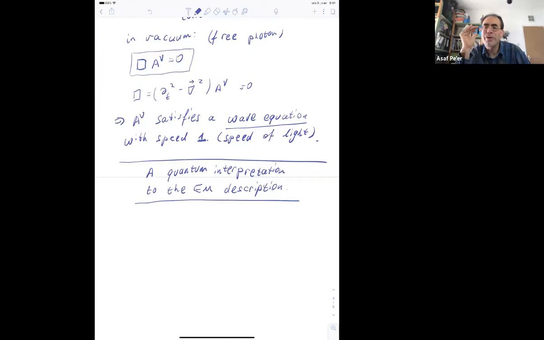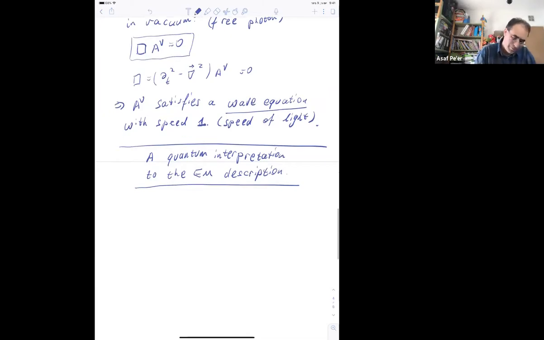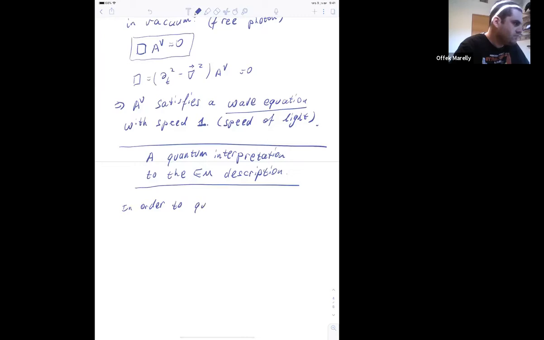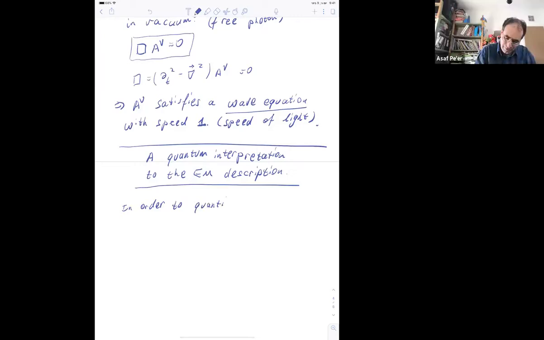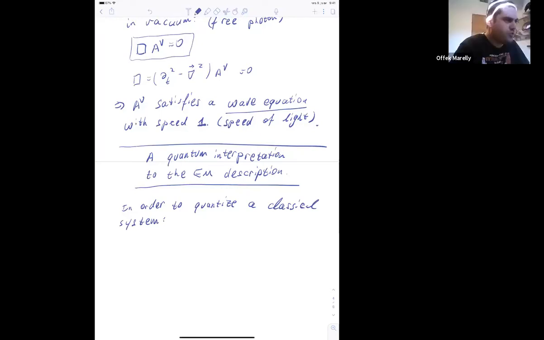Let's say I have a free particle. I want to quantize it. I want to treat it as a quantum mechanical object. What do I do? For a free particle, we just postulate the quantum momentum.